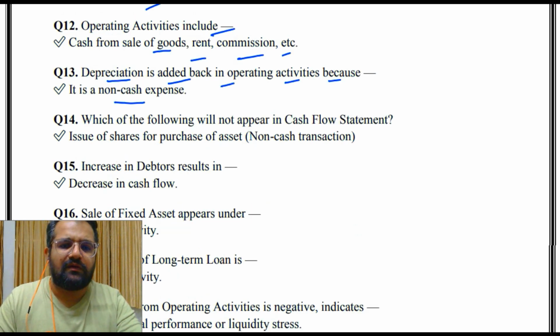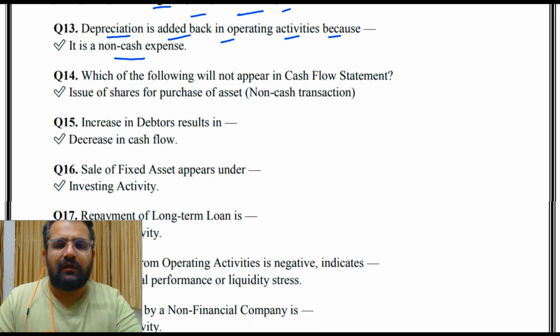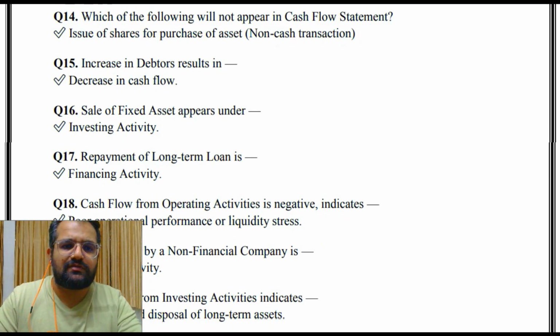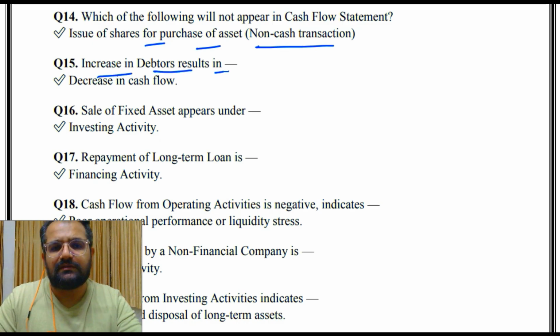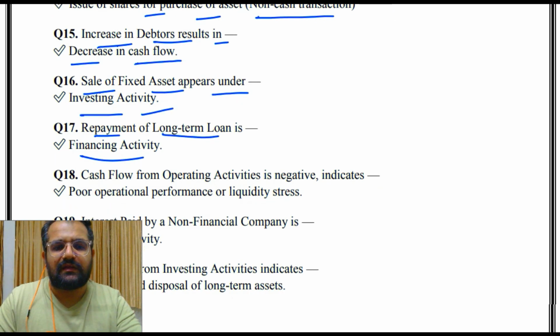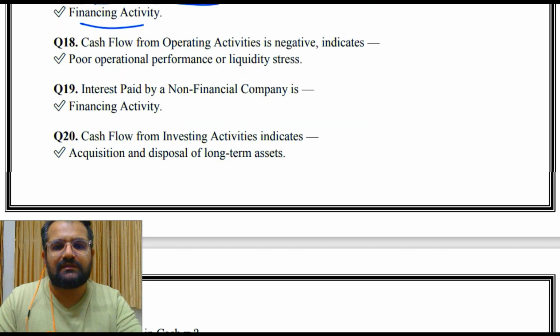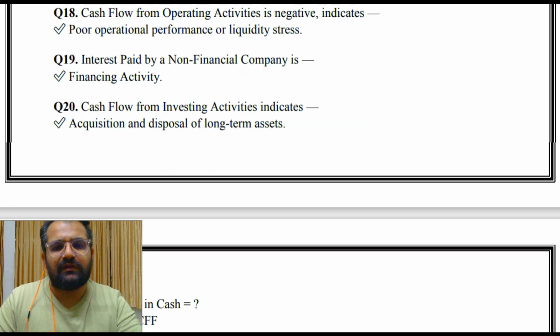MCQ में. Which of the following will not appear in cash flow statement? Issue of shares for purchase of assets, non-cash transaction. Increase in debtors results in decrease in cash flow. Sale of fixed asset appears under investing activity. Repayment of long-term loan is financing activity. Then cash flow from operating activities is negative, indicates poor operational performance or liquidity stress.